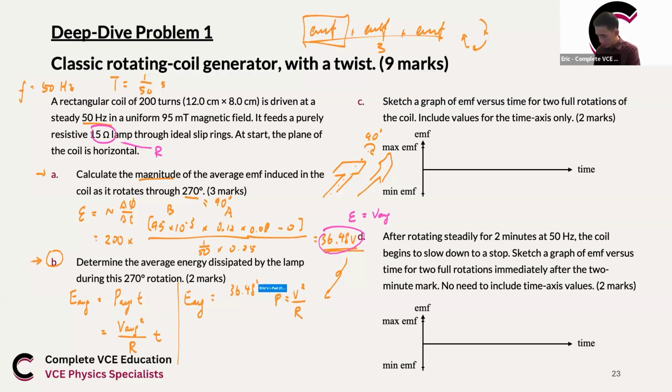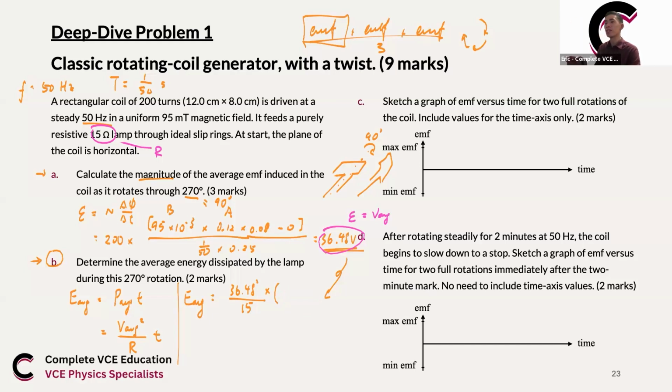squared, and then let me just erase this part. And then times it by the time, divided by the resistance, so 15. The resistance would be 15, and then the time. The time is the tricky one. For this duration, you have to think in terms of 270 degrees.